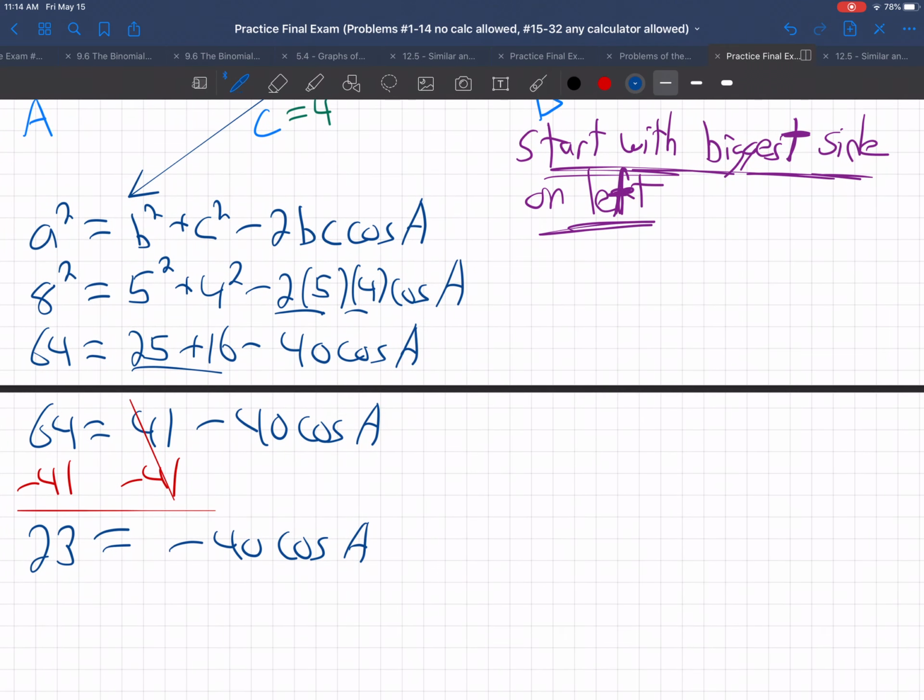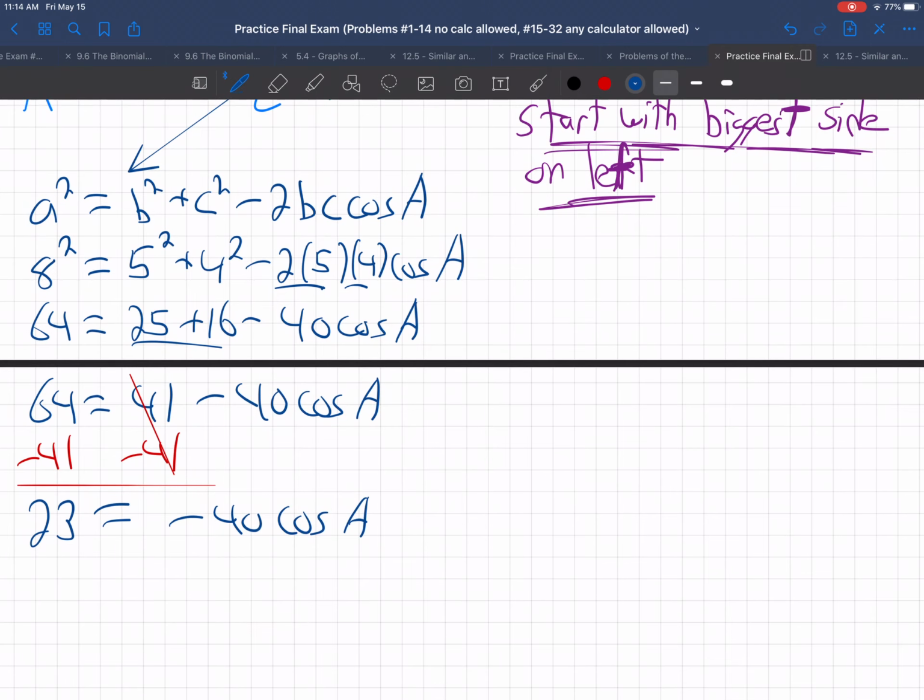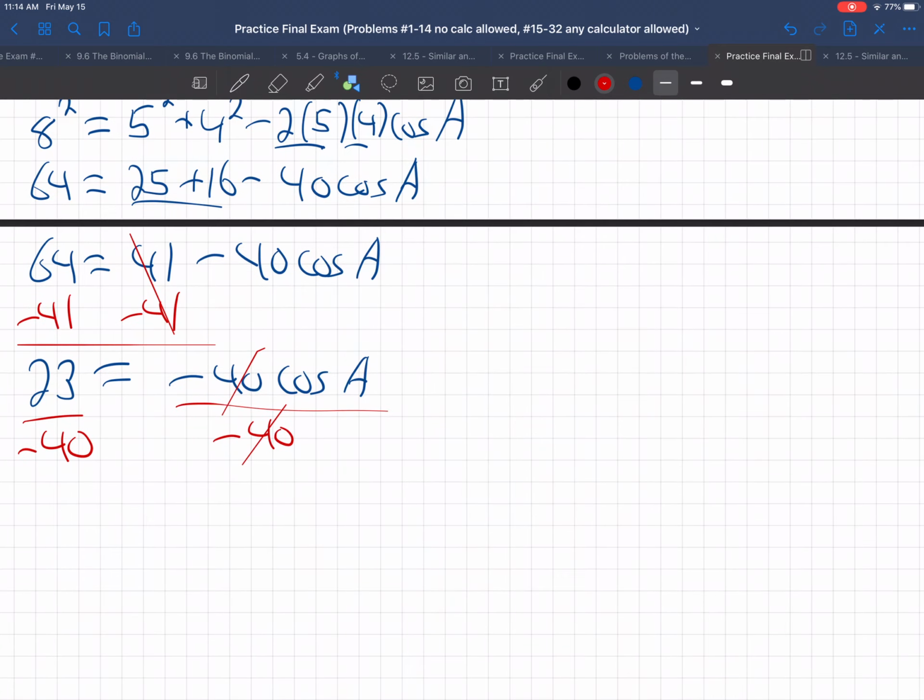So now divide both sides by the negative 40. So we cancel that out, and we get cosine of A. So 23 divided by negative 40, I'm getting negative 0.575.